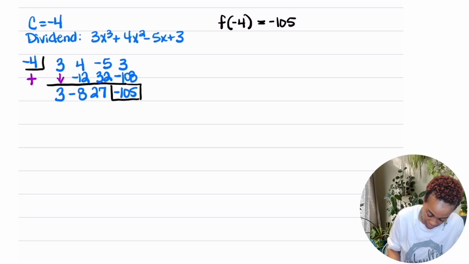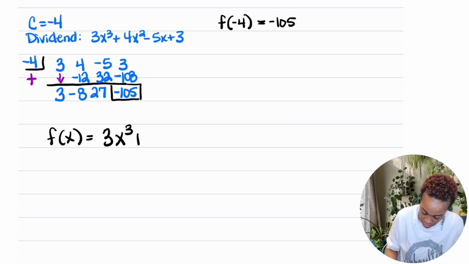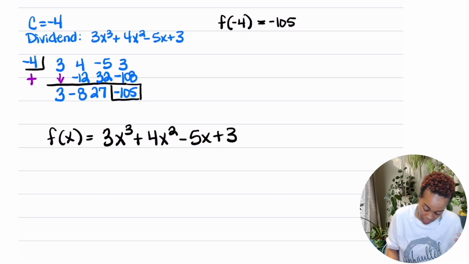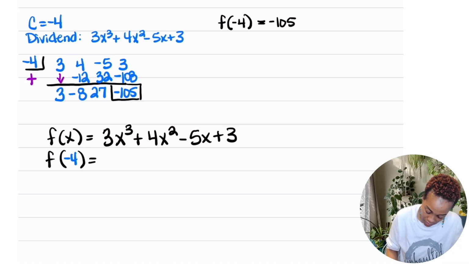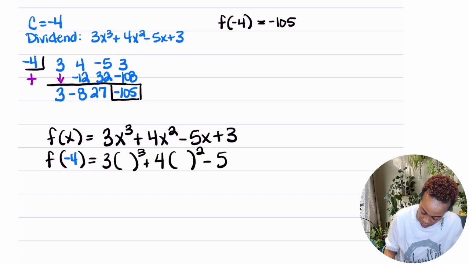If this is f of x, which we know is 3x cubed plus 4x squared minus 5x plus 3, then if I evaluate it at -4, that means take every x value and substitute -4.